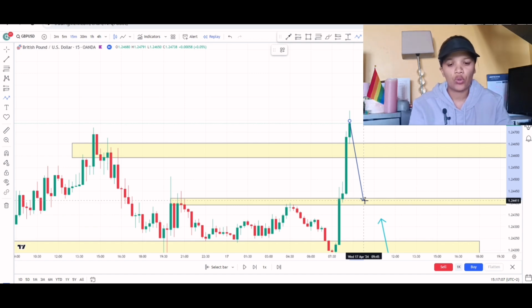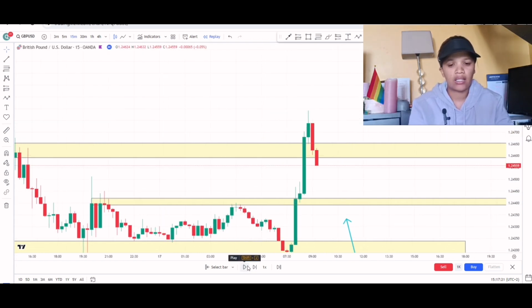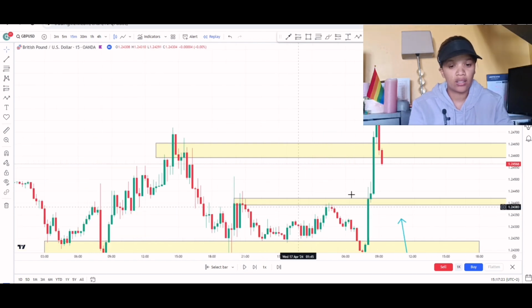So now I was waiting for a pullback before I was gonna enter. Once I see a pullback to the first zone right here, and it rejects off that zone, I pay attention to the rejection. If I see rejection, then that's where I'm going to enter.